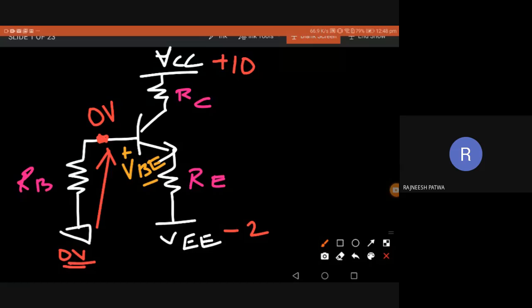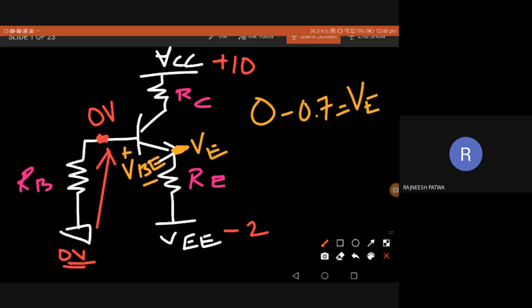Then the other voltage is across RE, that is VE. What I can say, 0 minus 0.7, I'll get what? VE. And now what is VE?